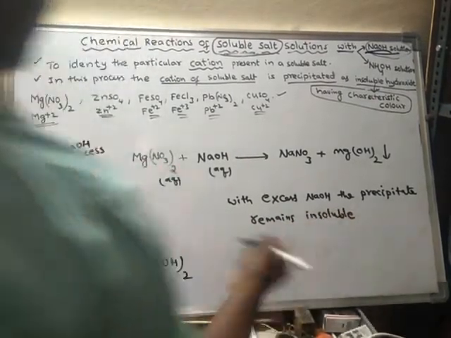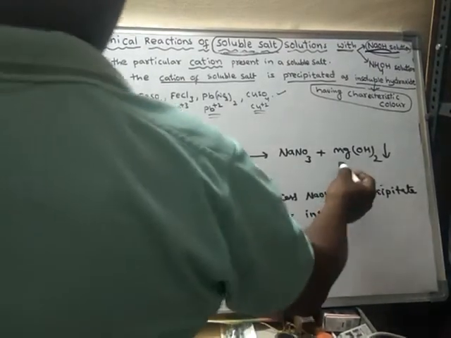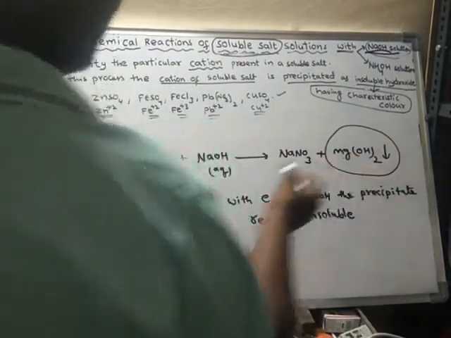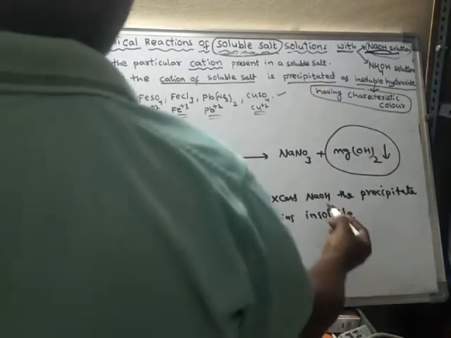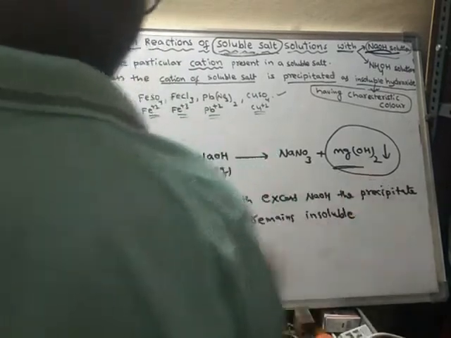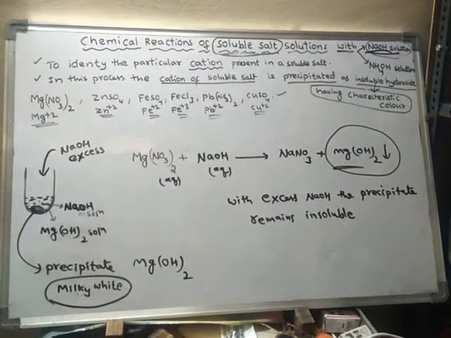From this it is understood that the precipitate so formed is magnesium hydroxide. So finally we can come to a conclusion. Here, color is important.